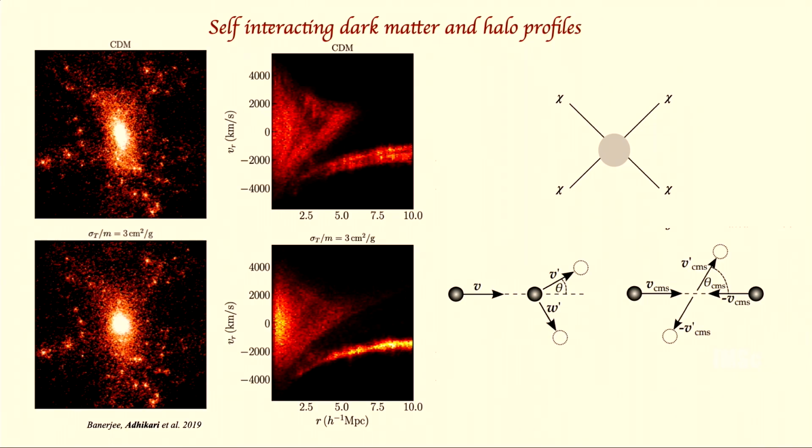Because the particles can interact with each other, it gives them an additional channel to exchange momentum with each other. So it can redistribute the energy of the particles, and therefore it predicts a significantly different internal structure and dynamics of dark matter particles in these dense regions.